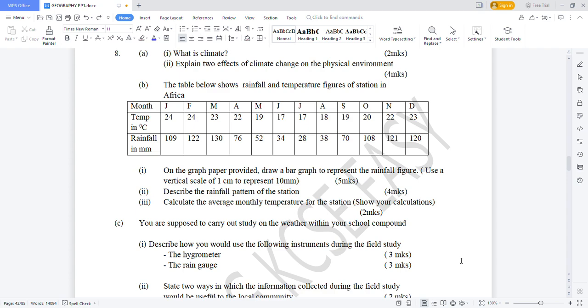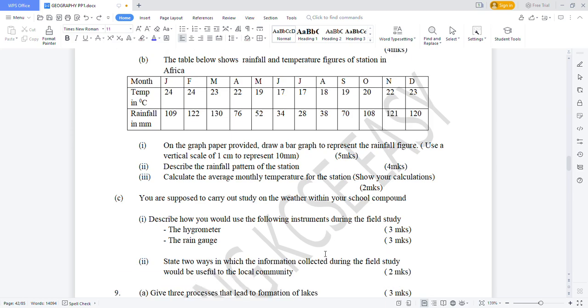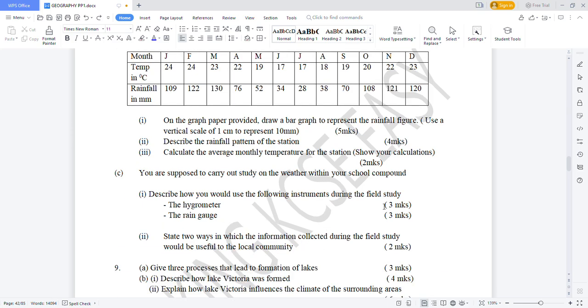Another instrument which was given was a rain gauge. How can you use a rain gauge during the field study? So we say, insert the beaker on the ground. Take the rain water collected in the jar or bottle.